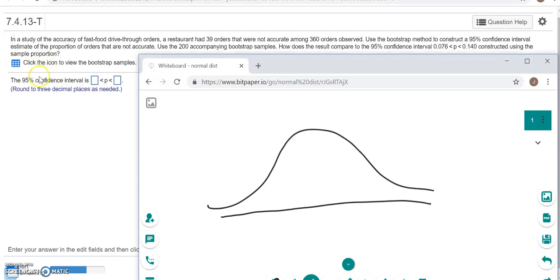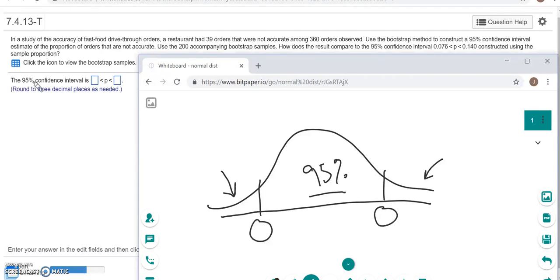Well, a 95% confidence interval means that somewhere here in the center of my graph is 95% of the data. And there's some value here and here that separates off the remaining 5%. So 95% is in the middle, and in the remaining tails, here and here, are the leftover 5%.